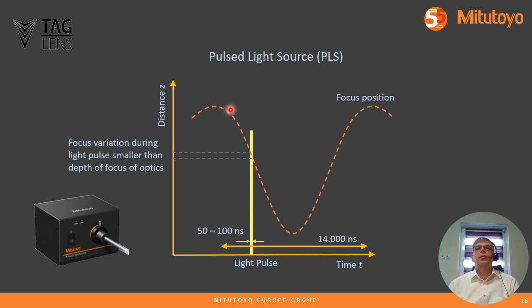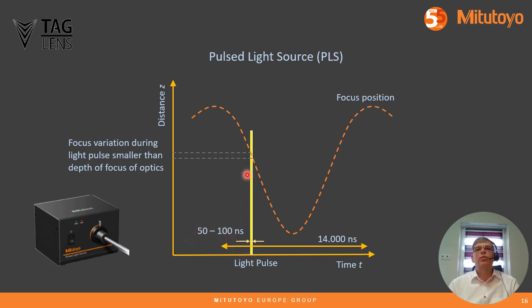If we look here at the TAG lens cycle up and down for the focal position, Y is the distance, X is the time. So this is a typical TAG lens cycle, 14 microseconds from minimum to maximum again. 14 microseconds means 14,000 nanoseconds. And the pulses of this specially designed pulsed light source are very, very short, in a range of 50 to 100 nanoseconds.